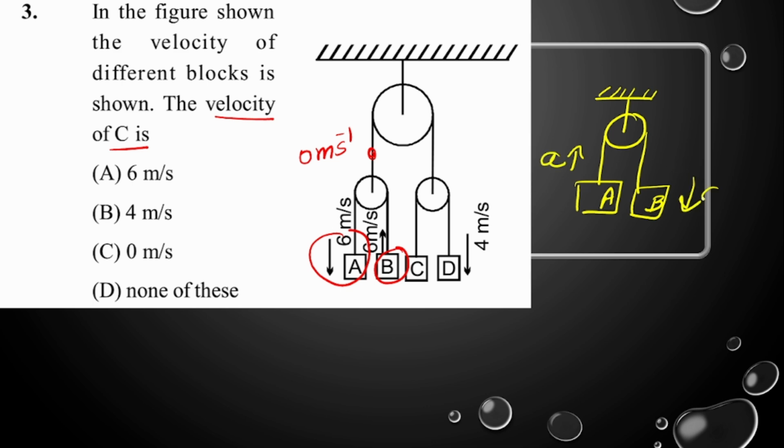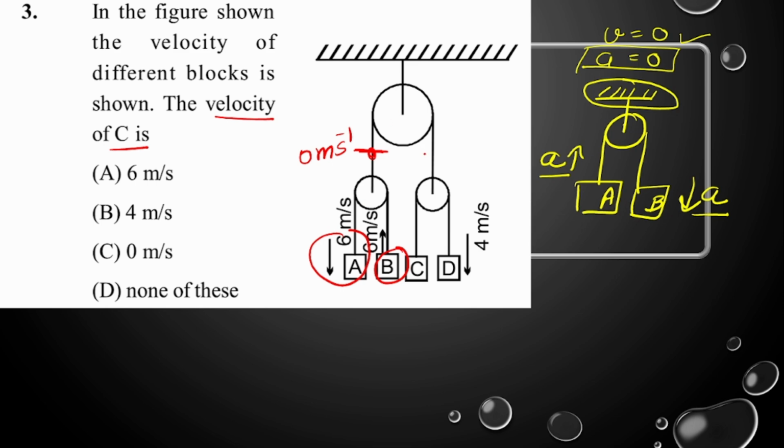This is A and this is A, and the acceleration of A and acceleration of B is the same when the pulley is connected with some rigid support, which means the acceleration of the pulley is 0. Velocity of the pulley we could say is 0. If we are not saying the velocity of the pulley is 0, that is also okay, but acceleration is definitely 0. So net force on the pulley is 0. So net force over here is 0.